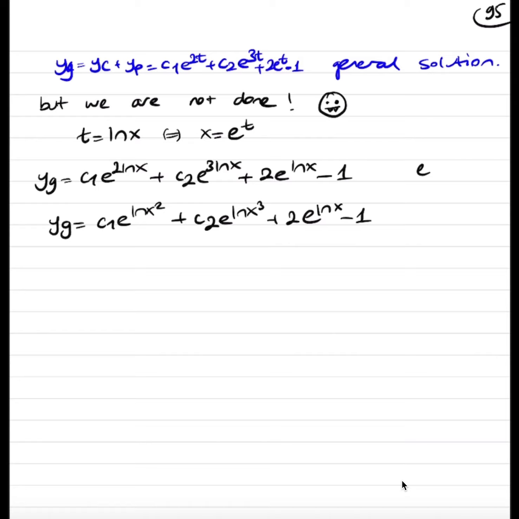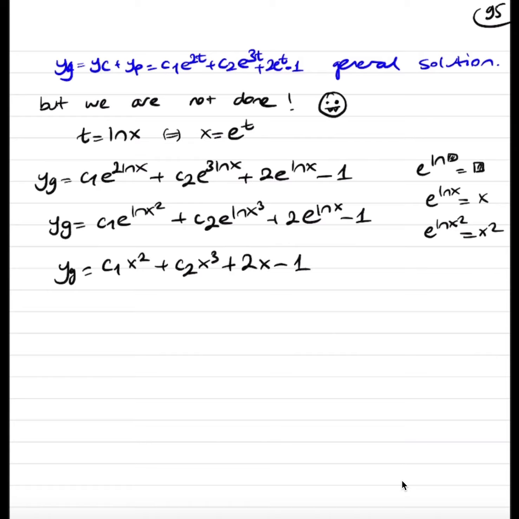So we know that e to the power ln something, whatever inside is equal to what is inside. So e to the power ln x is equal to x, or e to the power ln x squared is equal to x squared. Then y general is c1 x squared plus c2 x cubed plus 2x minus 1.